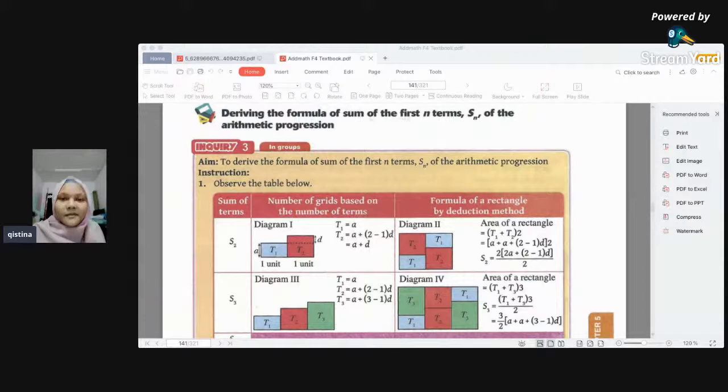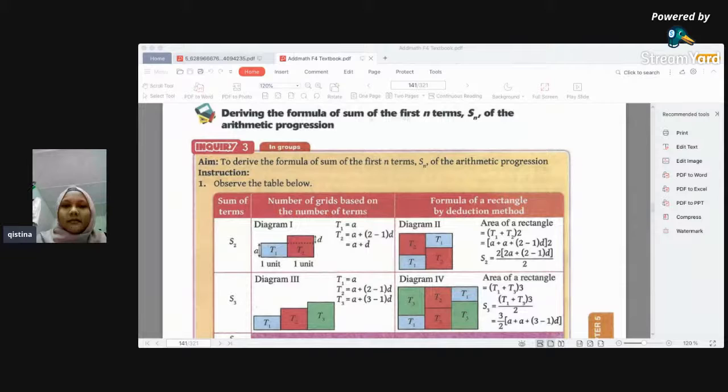The first one, we are going to calculate the S2. Let's take a look at the first column, diagram 1. There are two grids there.